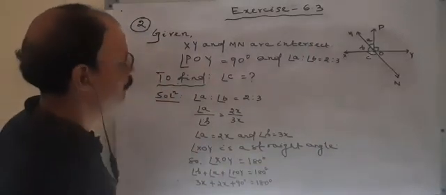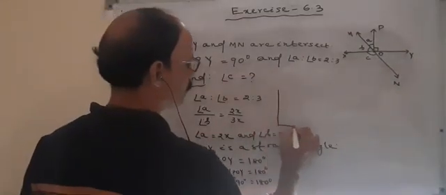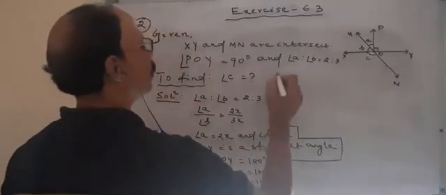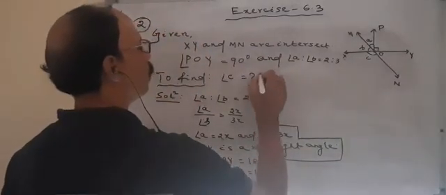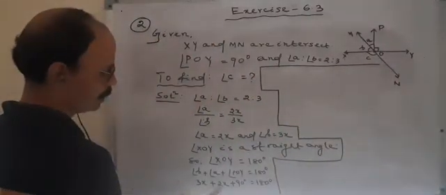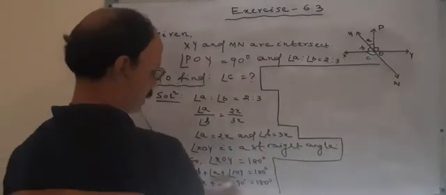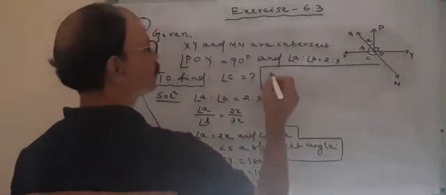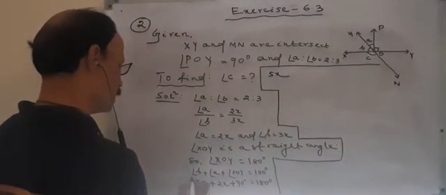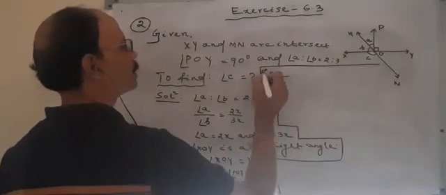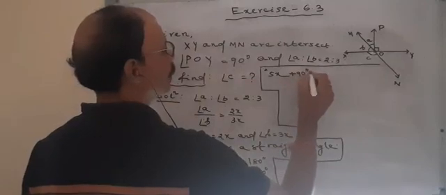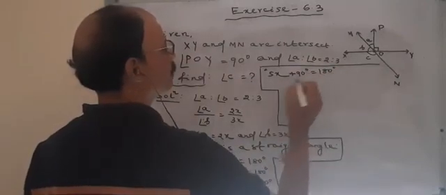So now here we can solve this. Here you see 3x plus 2x plus 90 equal to 180. So 3x plus 2x is 5x. So 5x plus 90 equal to 180.